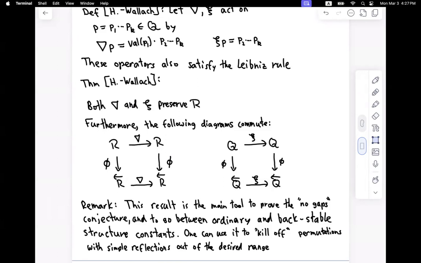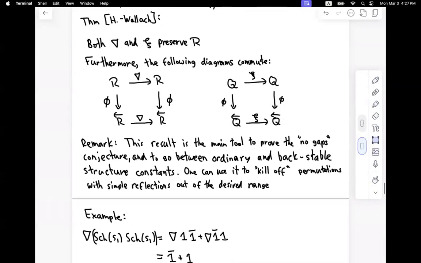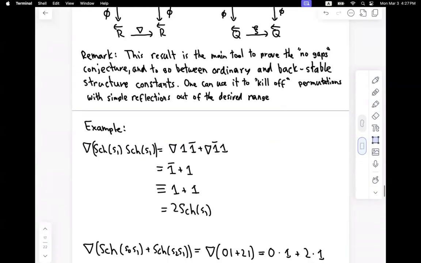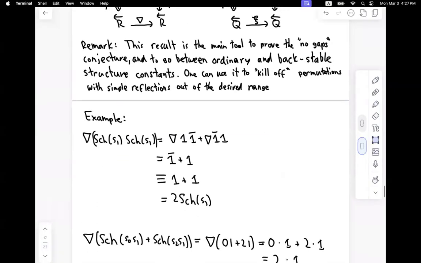So one can use it to kill off permutations with simple reflections out of the desired range. For instance, if you know that a certain structure constant maybe appears, but you don't know if it's an ordinary structure constant or just a backstable one, you can apply these operators to get rid of it. So let's do a quick example. It's a very basic example, so it only gives a flavor of this.